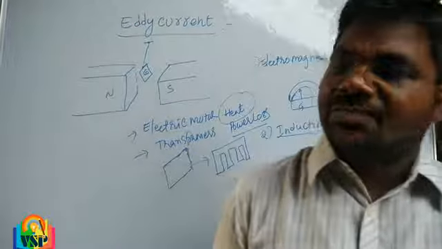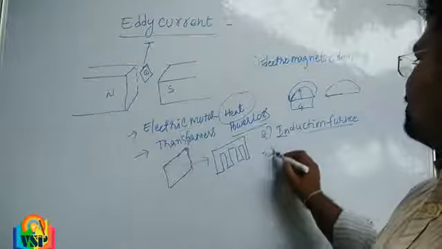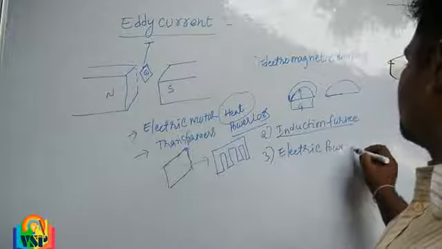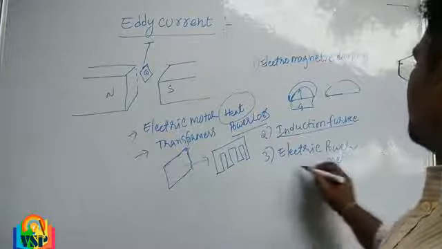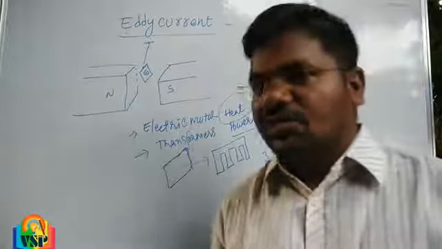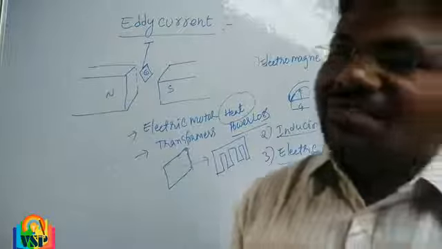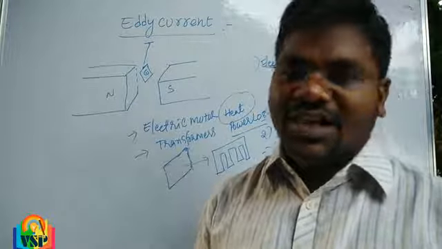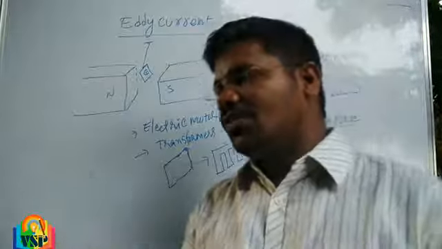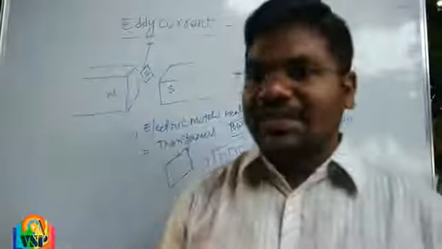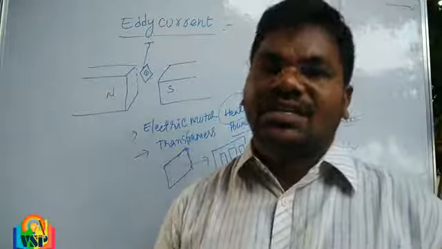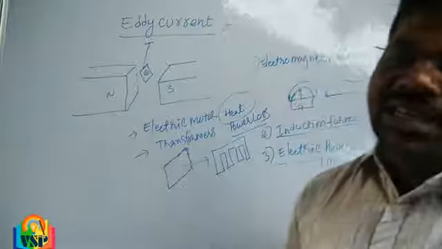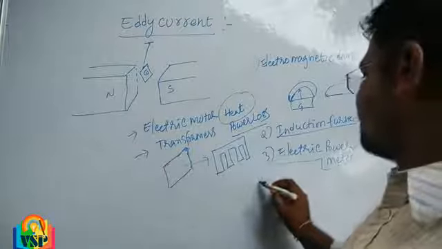Next, the electric power meter. In olden days, the electric power meter had one disc. That disc rotates due to this eddy current. By using the rotation of that disc, they gave some reading. And the last one, magnetic braking in electric trains.